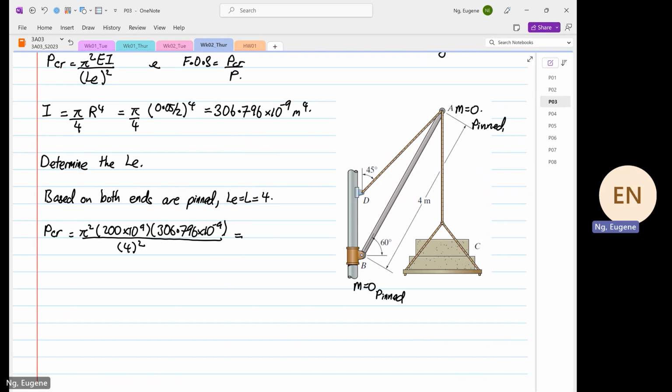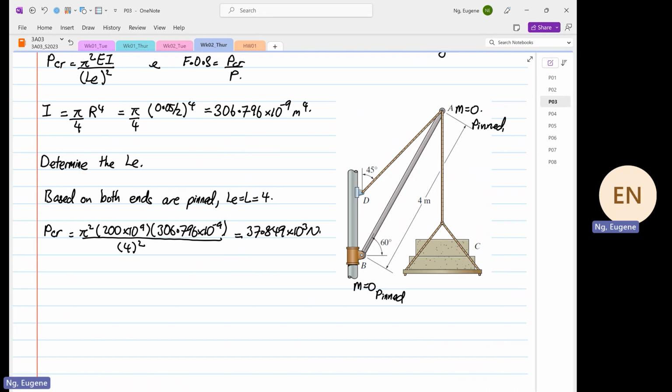So our critical load is pi squared times 200 times 10 to the power 9 times 306.796 times 10 to the power minus 9, divided by 4 squared, which is equal to 37.849 times 10 to the power 3 Newton. So this is the critical load. Okay, that is the critical load that we are going to use.